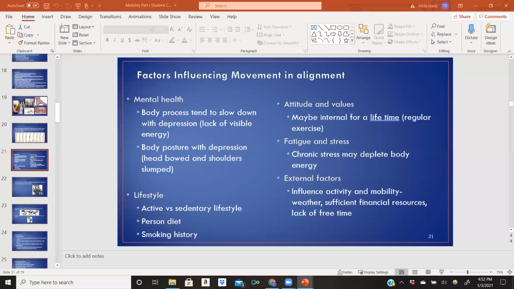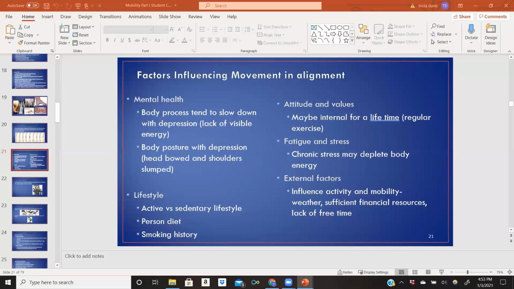As these children mature, they often continue to value exercise and find new ways to incorporate regular exercise into their daily routine because that's how they were raised. On the other hand, some children may be raised in families who are very sedentary and they watch sports, and just watching sports is the closest to any activity they ever come to, so they're very sedentary. Attitudes and values learned early may be internalized for a lifetime.